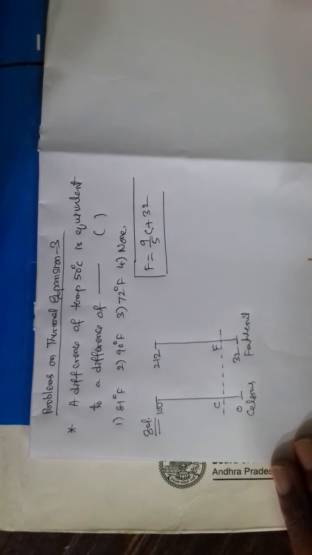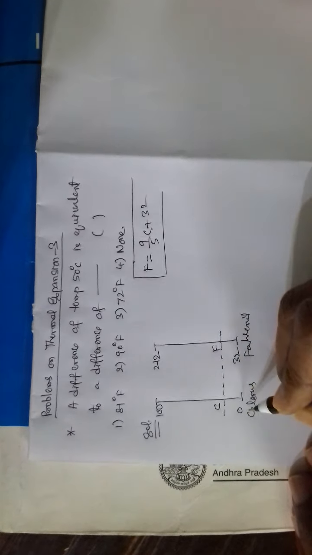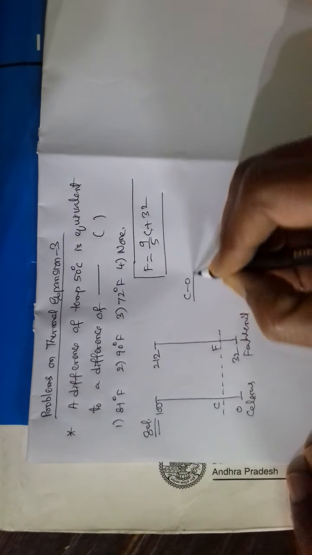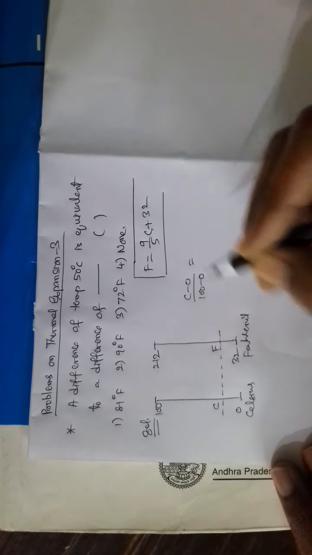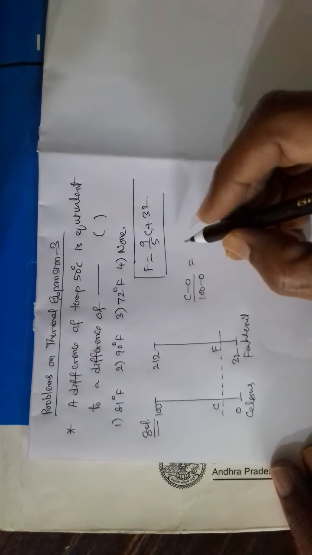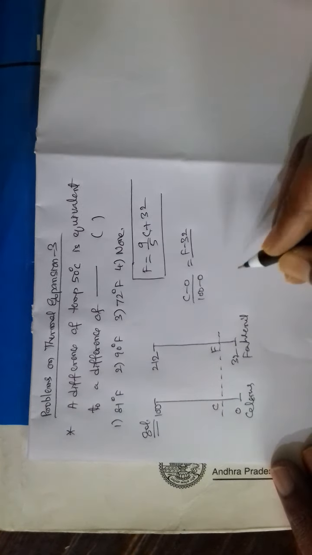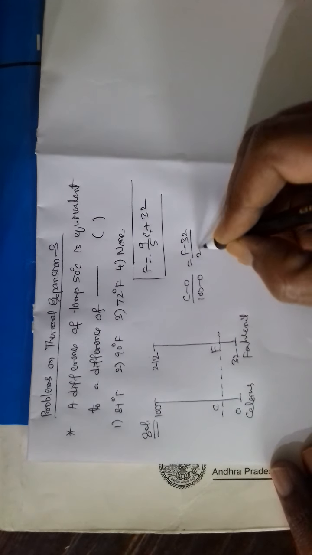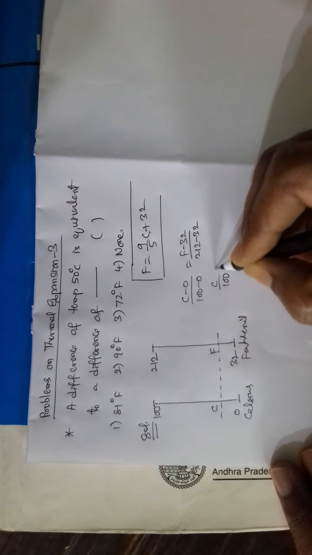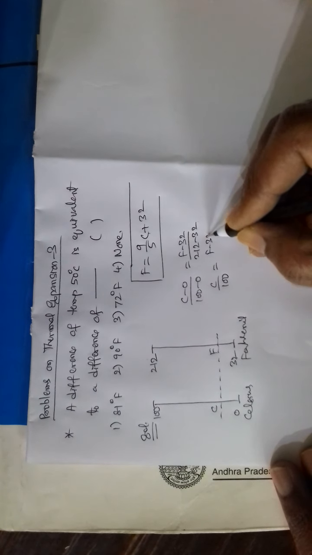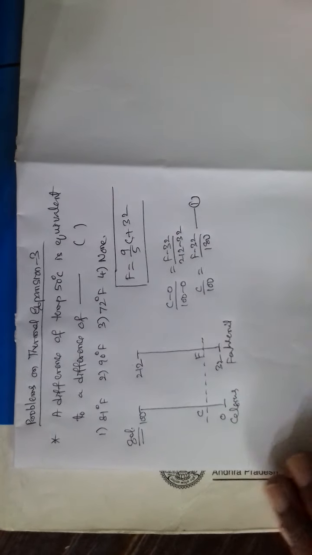Now we write the relation between the two scales: C minus lower fixed point divided by upper minus lower, F minus lower fixed point by upper minus lower fixed points. So here you get C by 100, here you get F minus 32 by 180. This is the relation between the two.